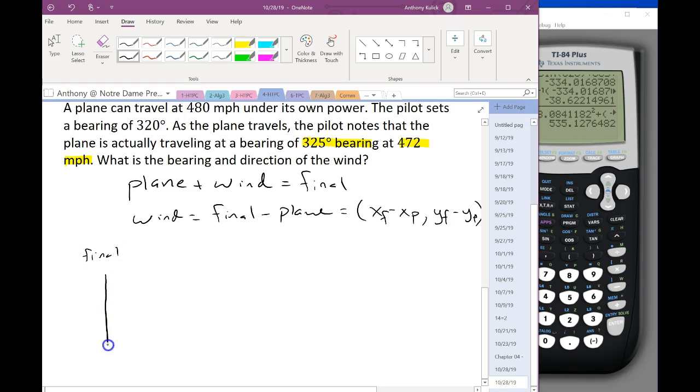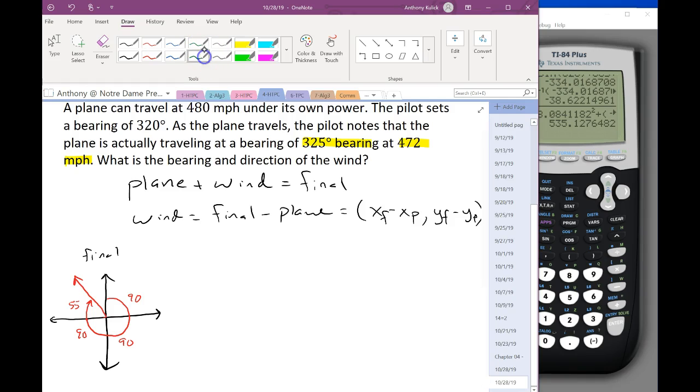So let's turn that into components. So 325 degree bearing. So we have 90, 90, 90 is 270, and then 55 more gets us to 325. But we're not interested in that bearing.